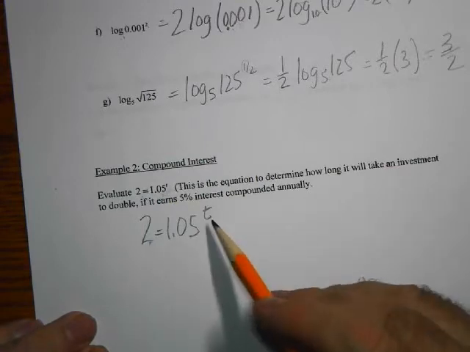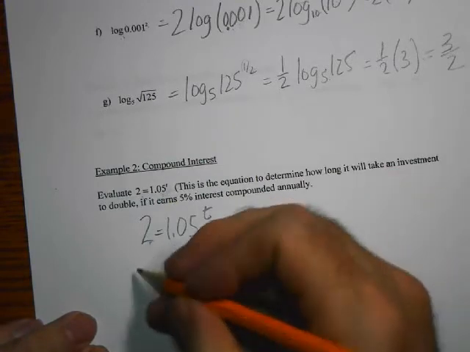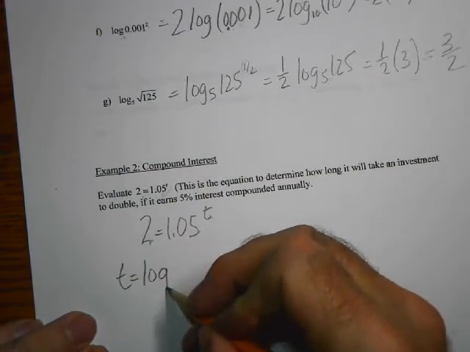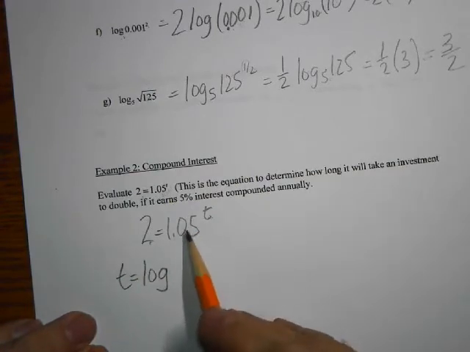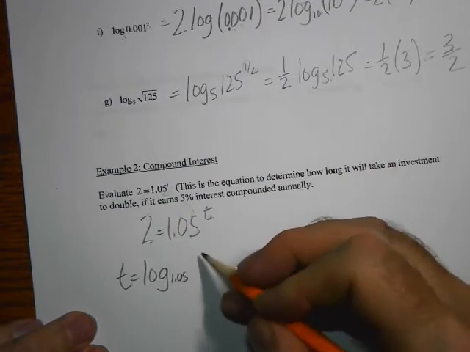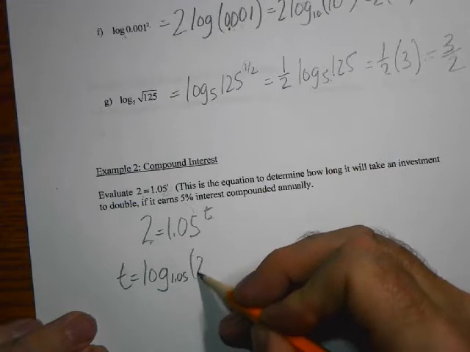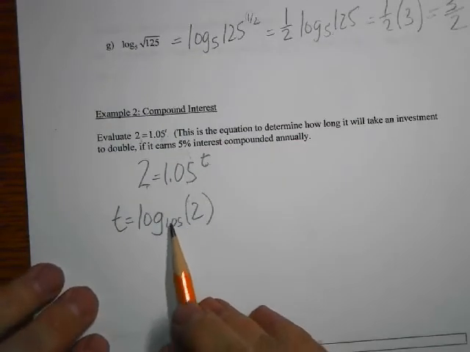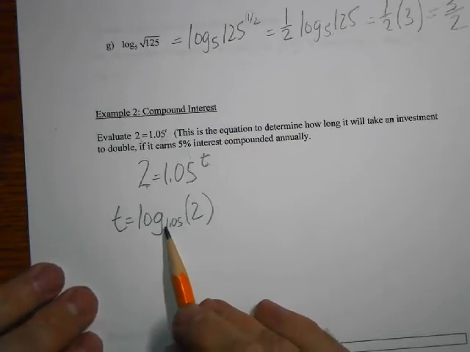So the exponent, t, is equal to the logarithm of the base 1.05 of 2. This is kind of weird looking because you have a base that's a decimal. We've never seen that before, but it can happen.